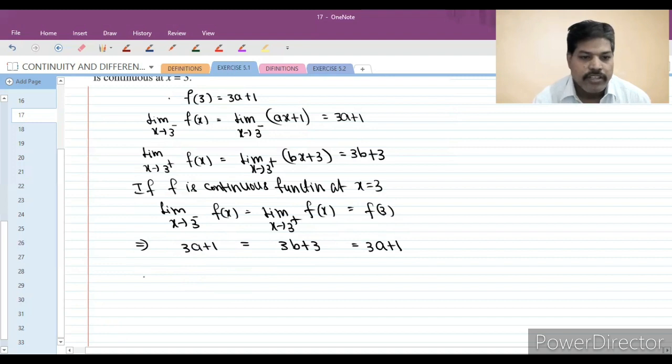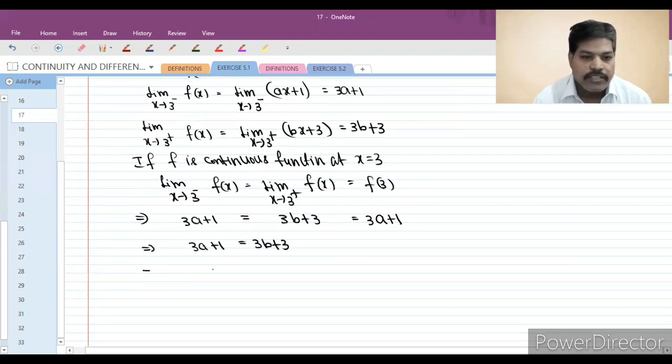So by equating these, what do you get? 3a plus 1 is equal to 3b plus 3. That implies 3a is equal to 2 plus 3b.